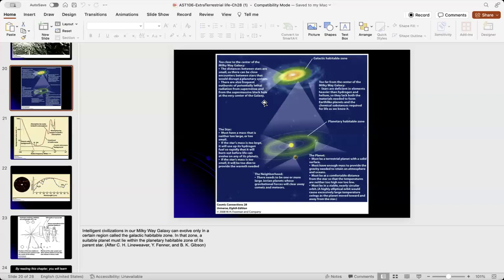There are many supernova explosions and neutron star explosions, which would not allow life to exist. And then too far away, there wouldn't be the complex chemical substances needed to form life. So there is a habitable zone within solar systems, stellar systems, and within galaxies.